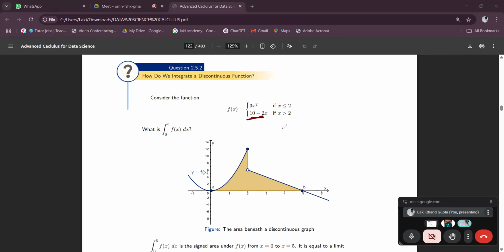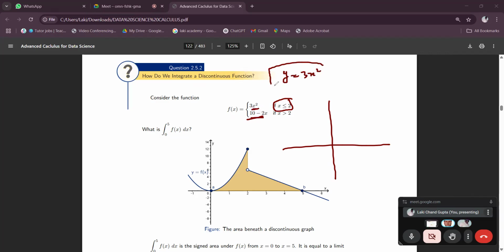When x is less than or equal to 2, this is 3x square.